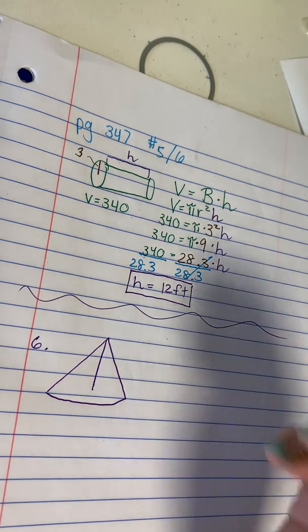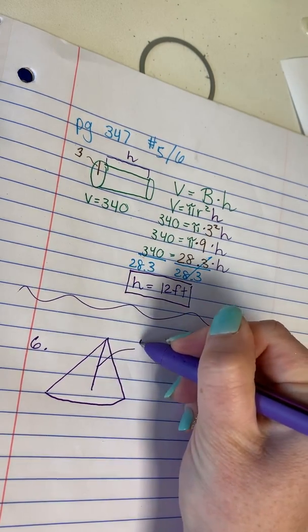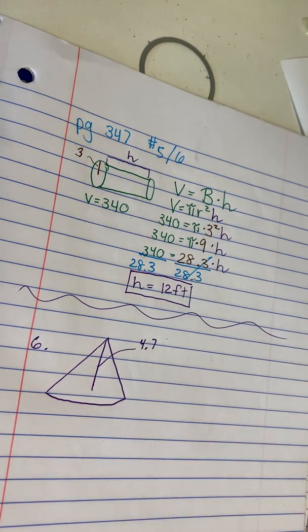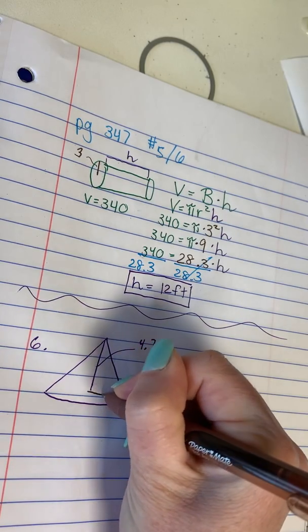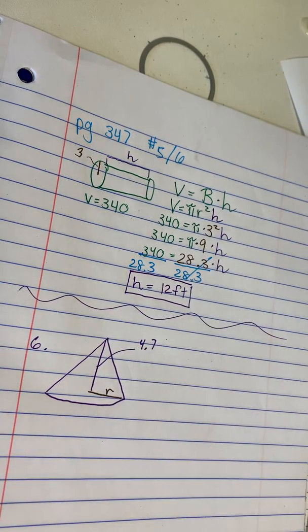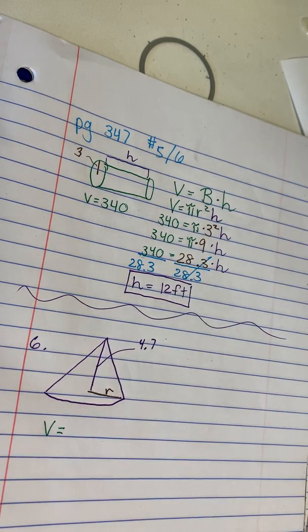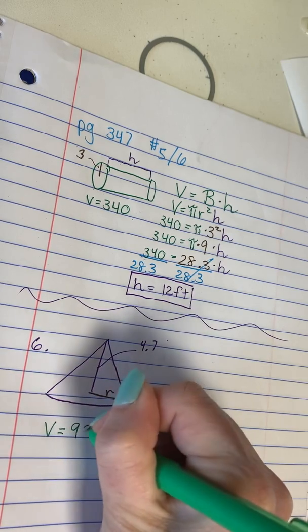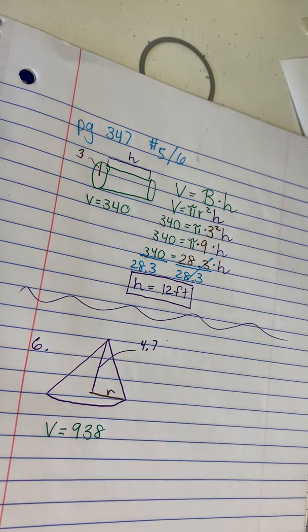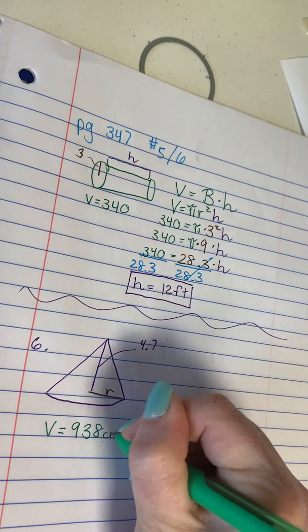They told us that is 4.7, and they told us our radius is the unknown. But they gave us a volume equal to 938 centimeters cubed.